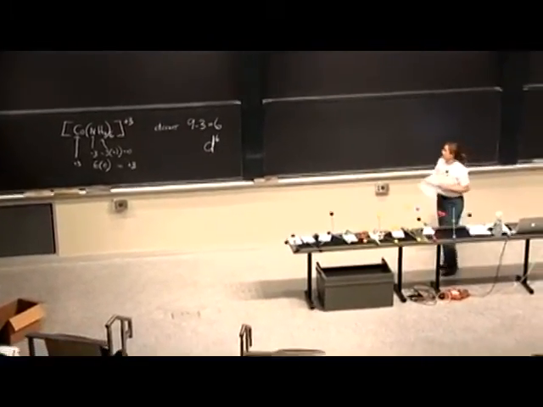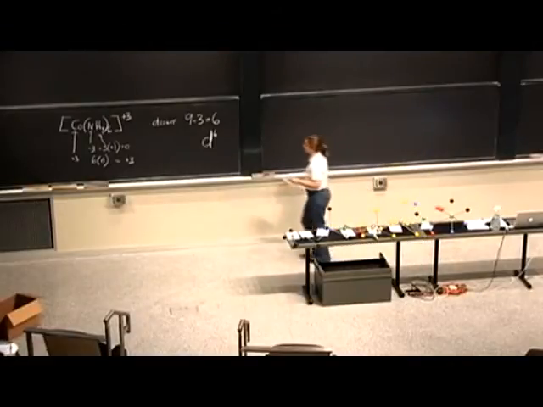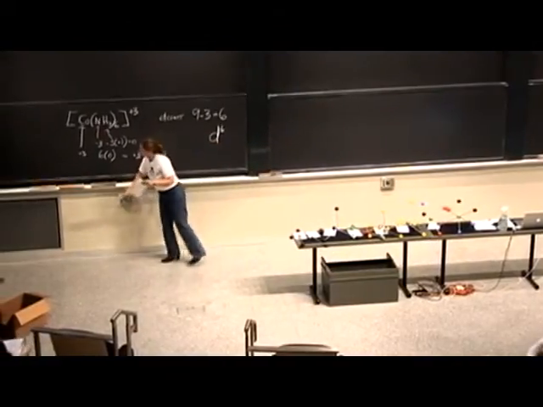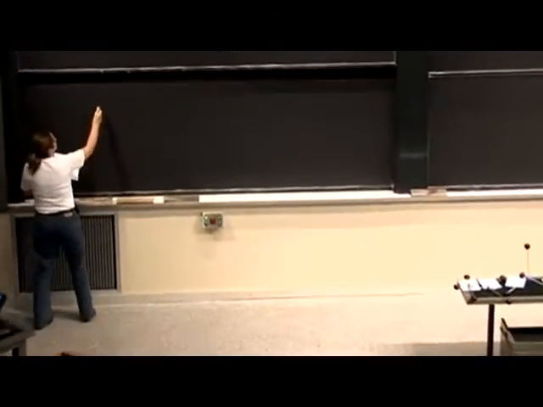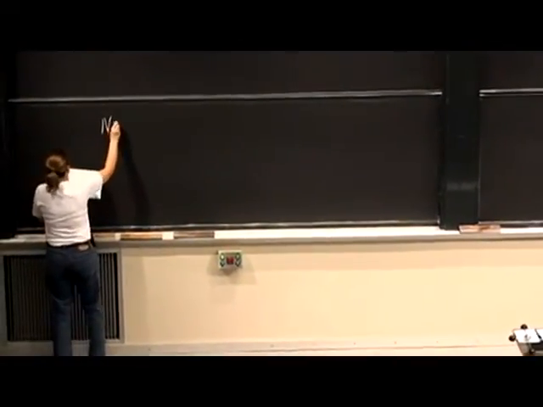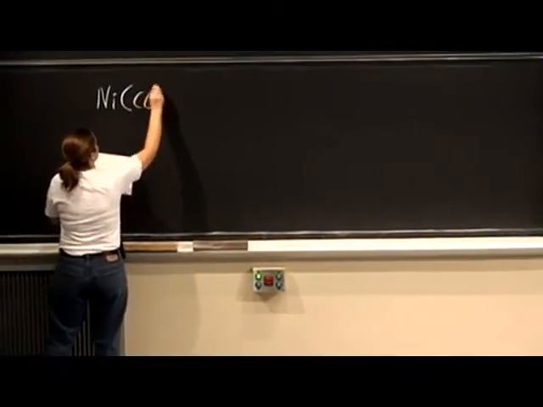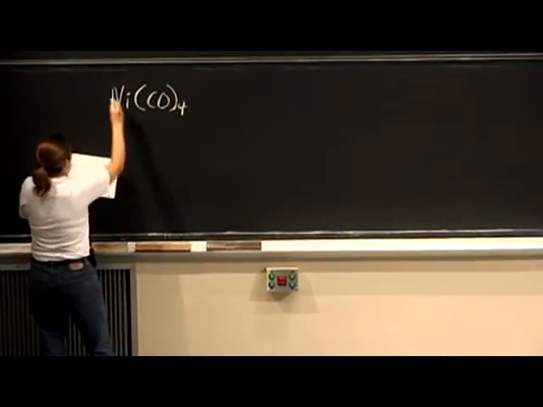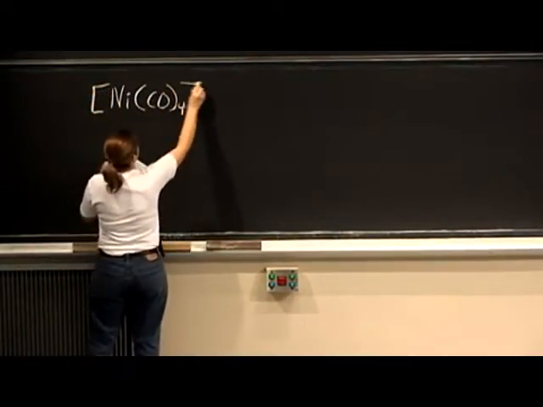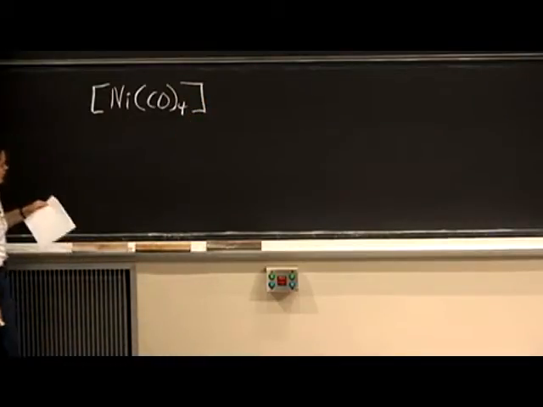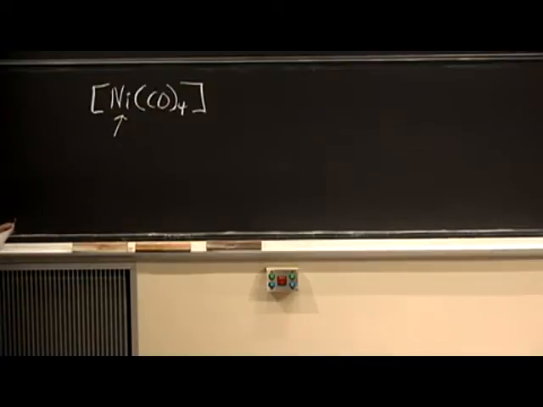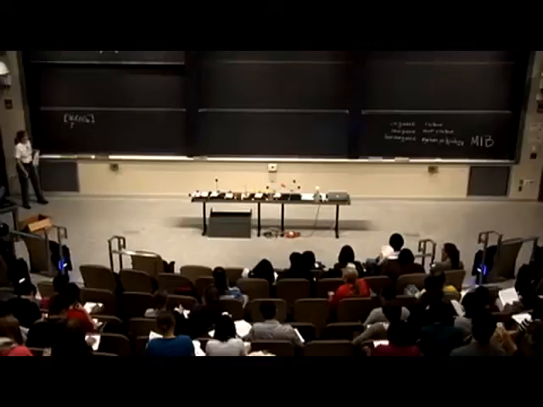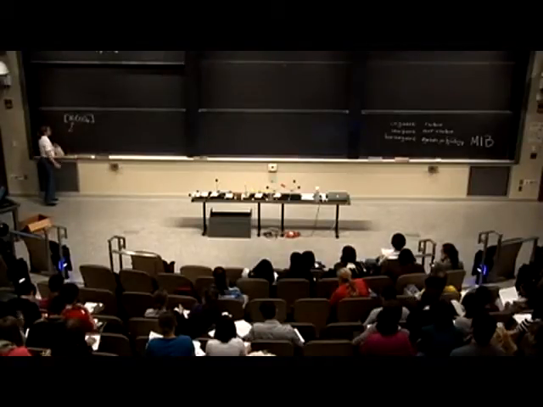All right, let's look at a couple other examples here. Let's look at nickel with carbon monoxide ligands, 4 of them. What would nickel be in this case? Someone said 0. That's right.